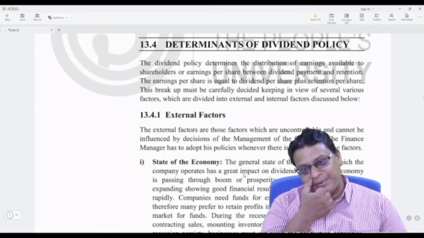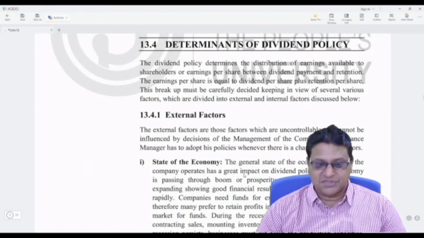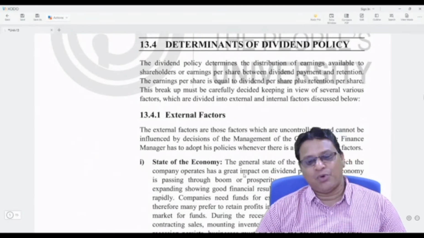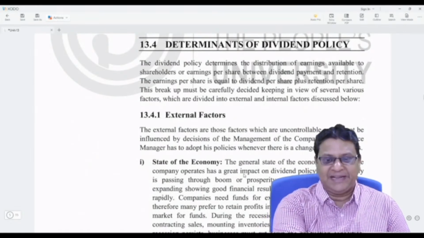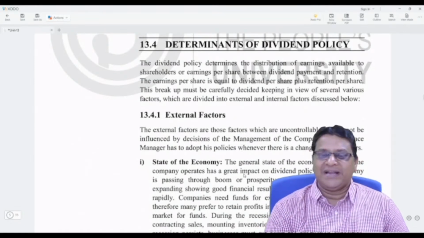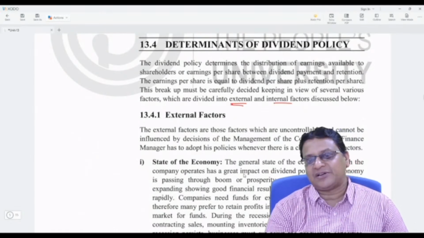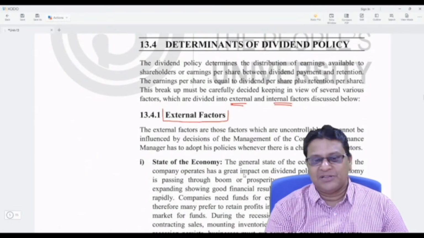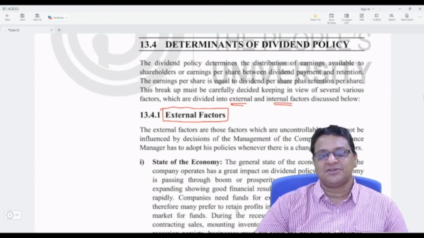While designing the dividend policy, we have to consider different factors. These factors affect the dividend policy of an organization. The factors can be classified into two parts: external factors and internal factors. What are the external factors?